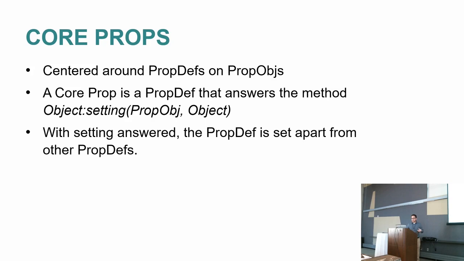So how do we distinguish a prop def from a core prop? They are basically the same thing, except one has this method filled out, the setting method on a prop def. That setting is going to be used to generate UI and behavior for that particular core property.